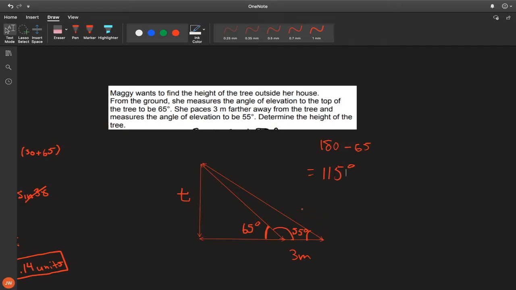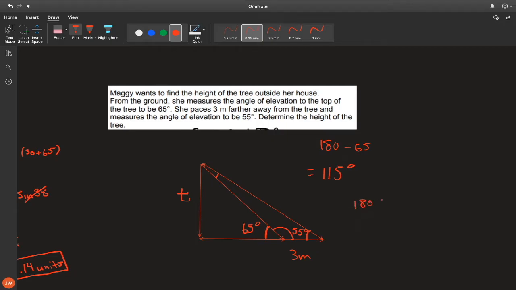Now, we can also find this angle right here, because every triangle has 180 degrees, so we have 115 plus 55. Subtract that from 180 and we'll get this angle.